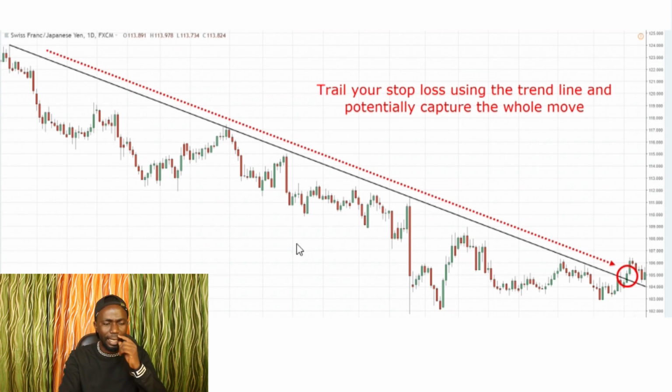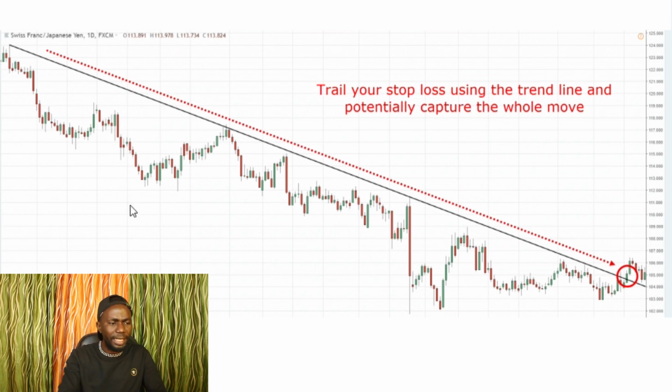Let's assume this is a daily time frame, and you are able to pinpoint that the market is in a downtrend, and you use a trend line to connect the highs of the trend and then extend it to the future, right?